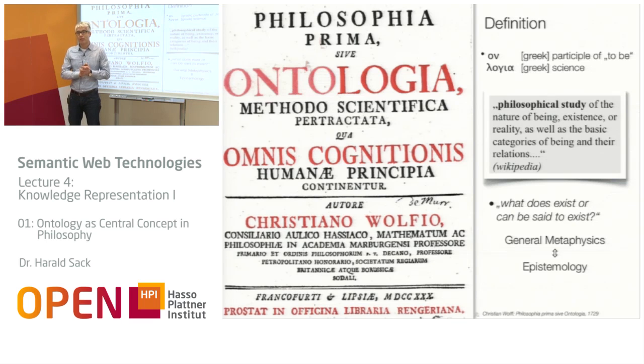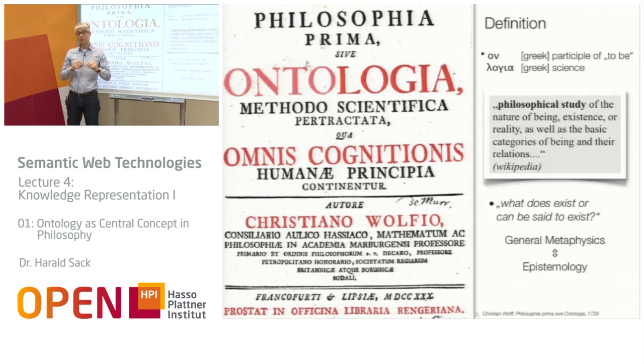So, you see, it's a philosophical discipline, and it deals with what is real in the world. So the basic question is, what does really exist, or what can be said to exist? This is a question of so-called general metaphysics in philosophy.